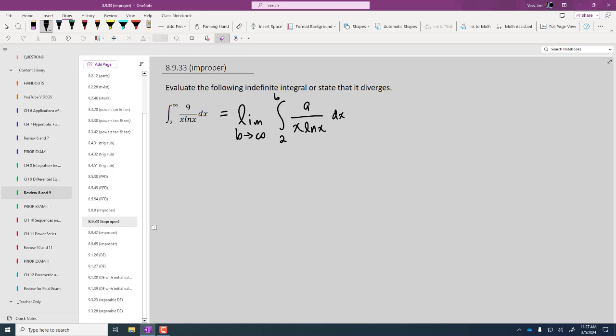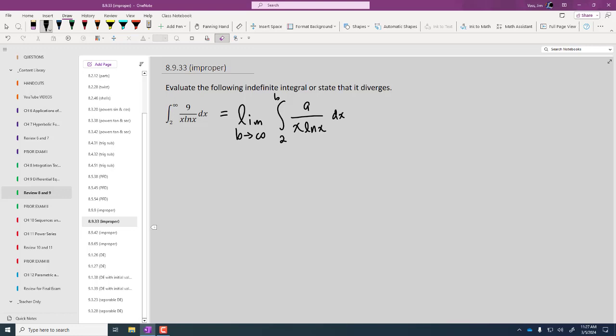Now, what is our hunch? Not in terms of converge or diverge, but do we think the tail is finite or do we think the tail is infinite? So we normally are looking at the power on the x. But this denominator doesn't just have x, it has x ln x. So it's a little bigger than just x.